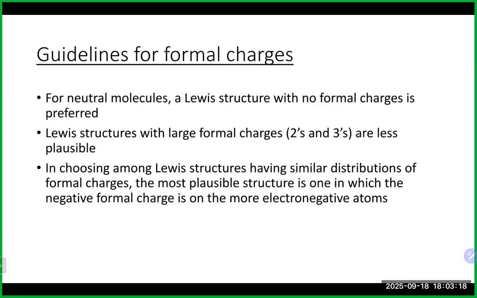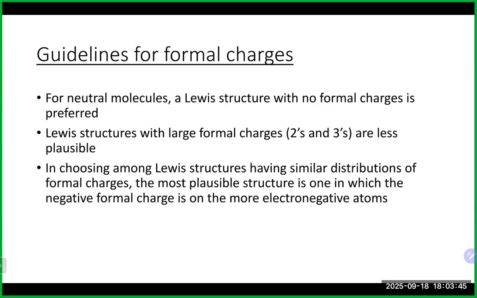For some reasons, formal charges may not be the best way to do it. But a good thing is to minimize your formal charges. If you could get a structure that has zeros for everybody, that's your best Lewis structure. Minimize the formal charges, get everybody down to 0. That's the best situation.